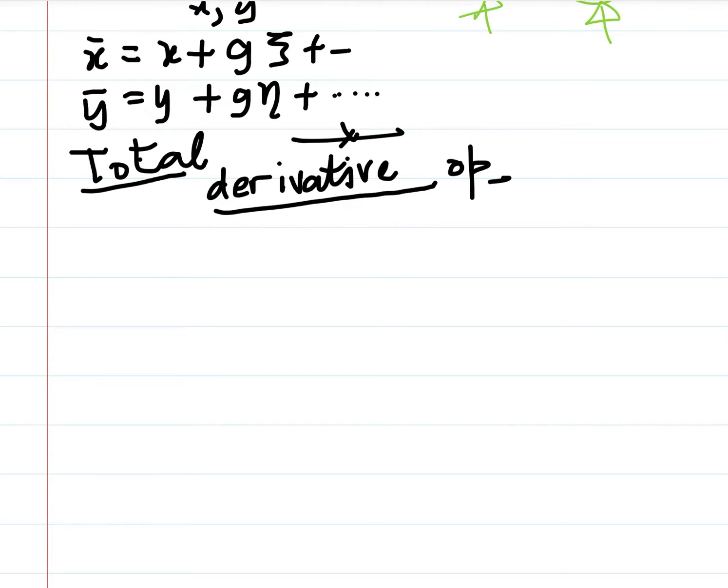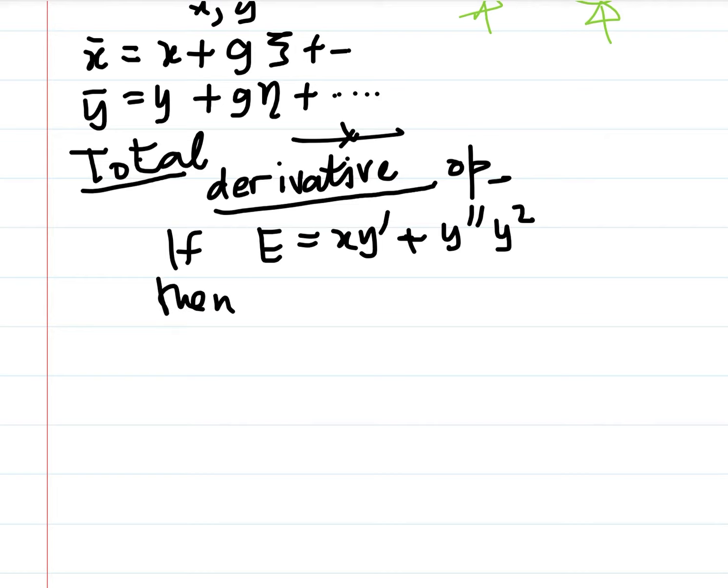So first of all, note that if you have e is equal to x y dashed plus, I'm just giving an example, y double dashed y squared, then if you were to do the partial derivative of e with respect to x, right? So x is a variable, the rest are constants. So you get 1 times y dashed, and of course the derivative of y double dashed y squared partially with respect to x is 0.